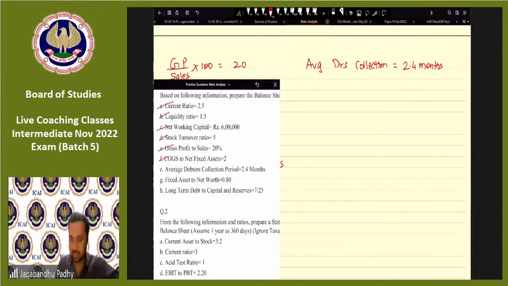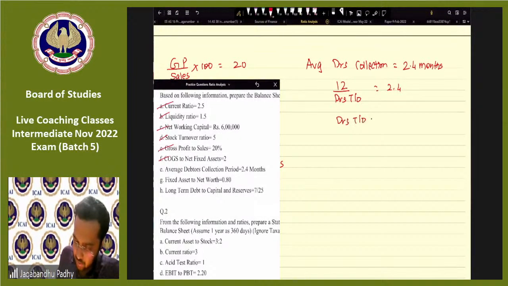We have said that it is 12 divided by debtors turnover, which is 2.4. Right? So debtors turnover ratio will be 12 divided by 2.4. 12 divided by 2.4 is 5 times.